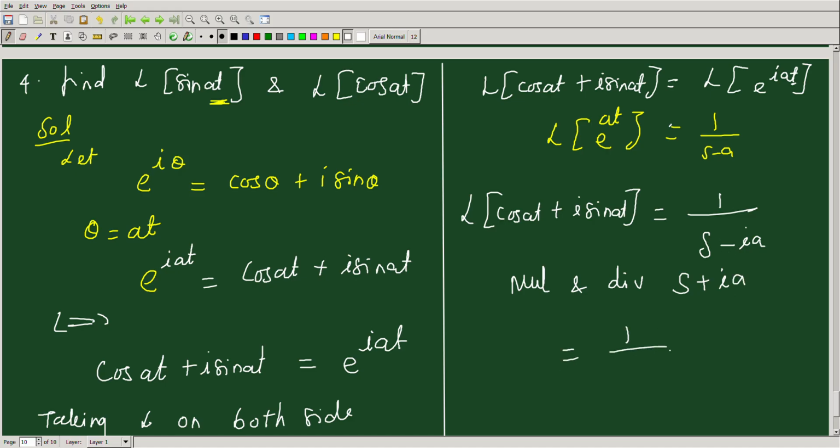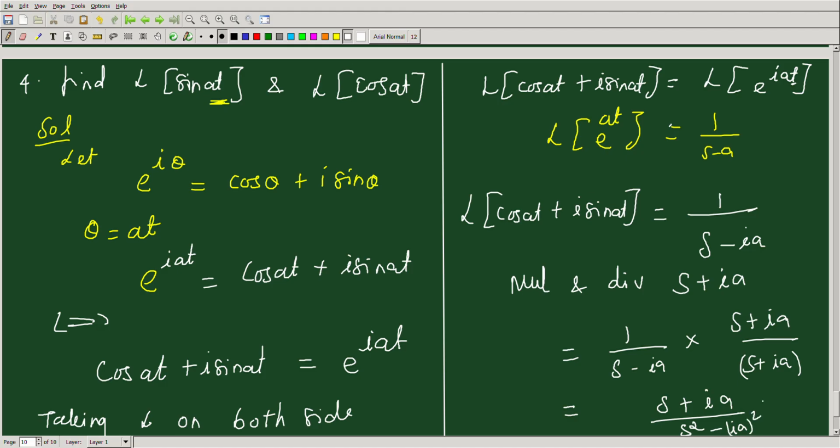So I can write 1 by s minus ia, into s plus ia divided by s plus ia, right? The denominator is a minus b into a plus b, so a square minus b square. The numerator is s plus ia, and the denominator is s square minus ia the whole square.